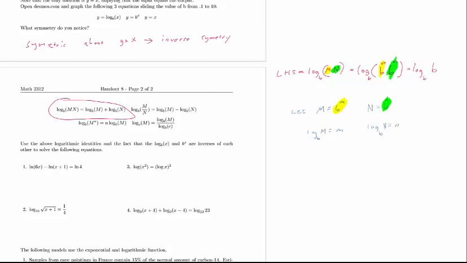We're going to go ahead and combine these two. So this is going to be log base b of b raised to the m plus n, right? That's how exponents work. If the bases are the same, you just add the exponents together. And so now, note right here, what are we asking? We're saying, what exponent do I have to put on this b right here to get b raised to the m plus n? Well, of course, the answer is little m plus little n.